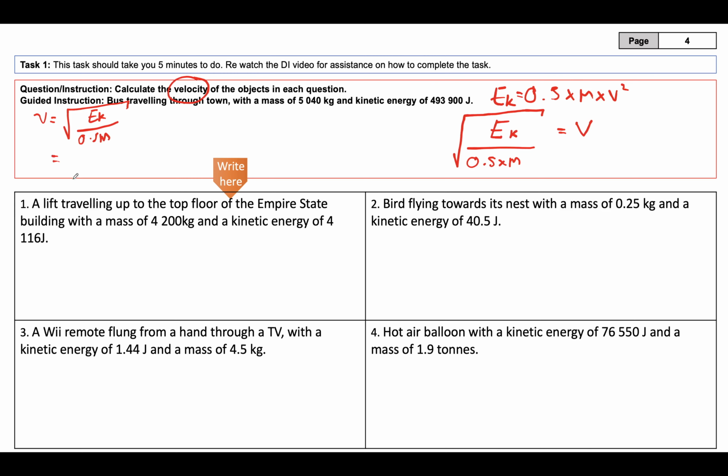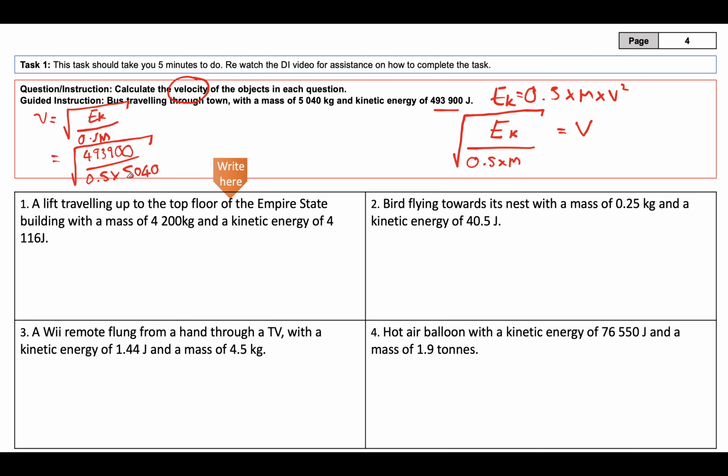Let's substitute in the values. So it's going to be the square root of the kinetic energy, which was 493,900. So just this value up here, and that's divided by 0.5 times 5,040.